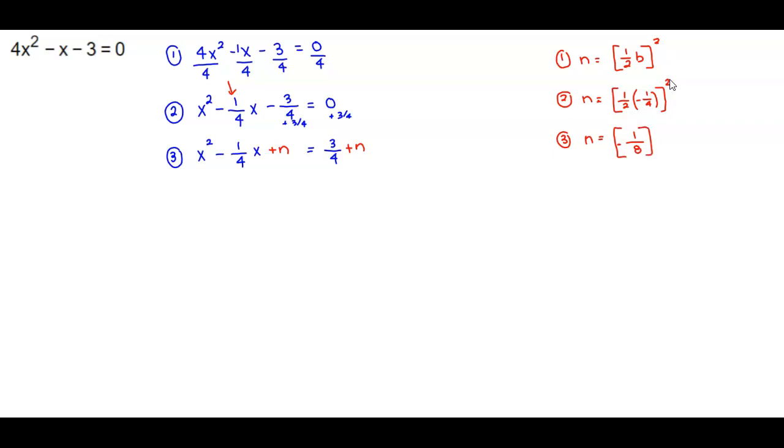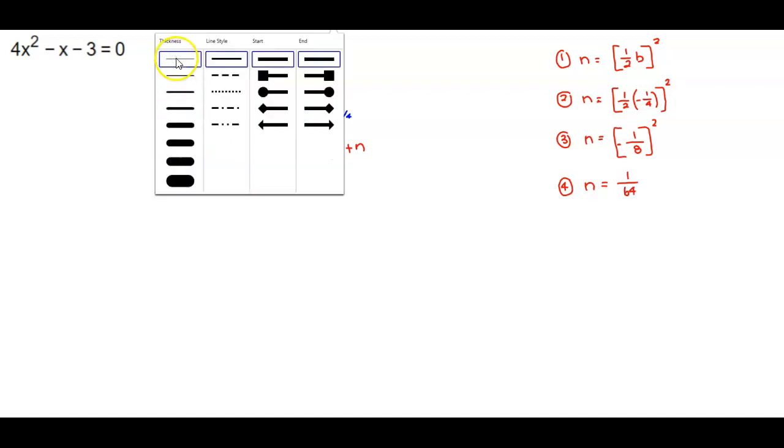So we're going to take negative 1/8, and then we're going to square it. Okay, so now when we square it, we're going to get a negative 1/8 times a negative 1/8. Now remember that when you multiply a negative twice, you're going to get a positive. 1 times 1 is 1. 8 times 8 is going to give us 64. So now we know what the value of n is going to be.